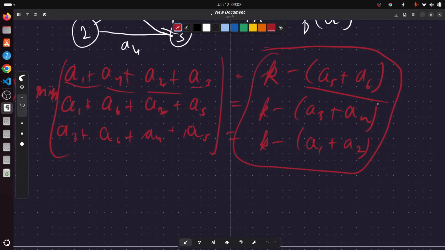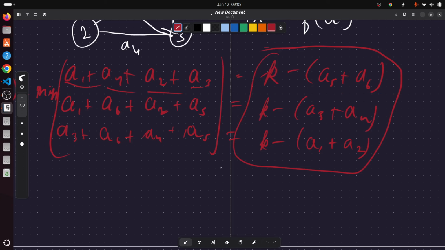So if I have these three quantities and I am subtracting them from k, I have k minus something in each of these three values. So if I want this entire number to be as small as possible, I will try to make this something as big as possible, right? So that if I subtract it from k, it becomes smaller.